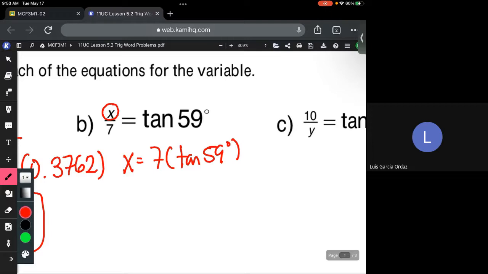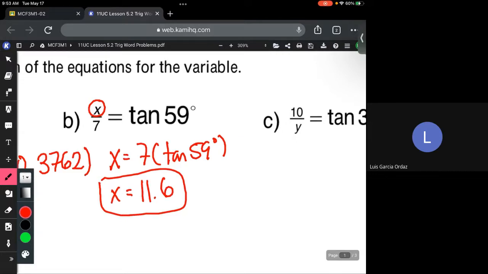So can someone tell me what 7 times tan 59 gives me to the first decimal place? 11.6. So remember, when your variable is at the top and you have a number at the bottom, to leave the variable by itself, you're just multiplying by whatever is at the bottom.